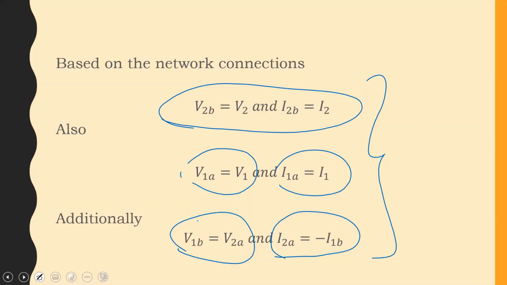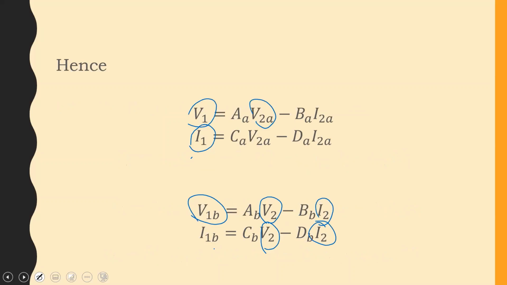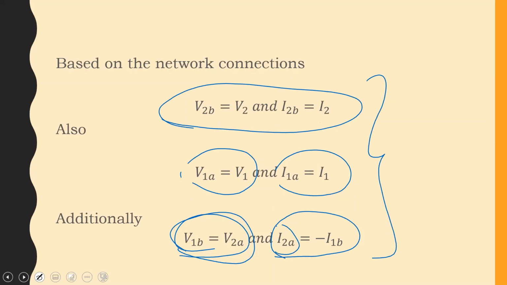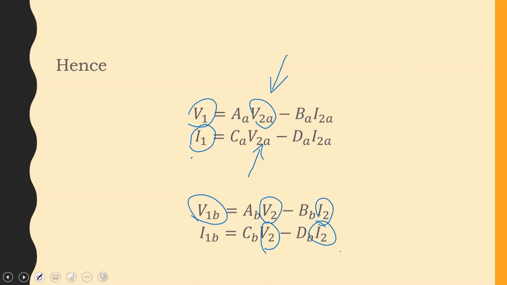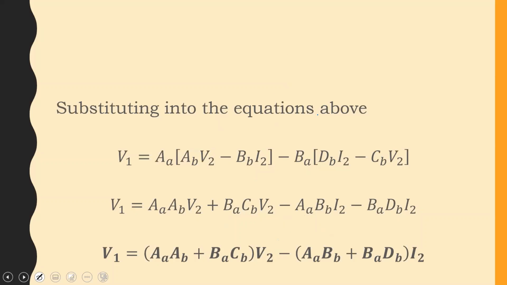That's up here. So where we have V2A, we are substituting V1B. Also, I2A was equal to the negative of I1B. So we have I1B here, and it's equal to the negative of I2A. So we can make those substitutions. So that's what we have done.